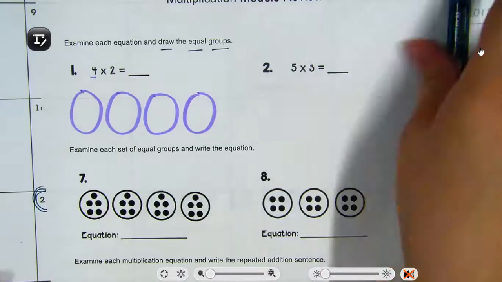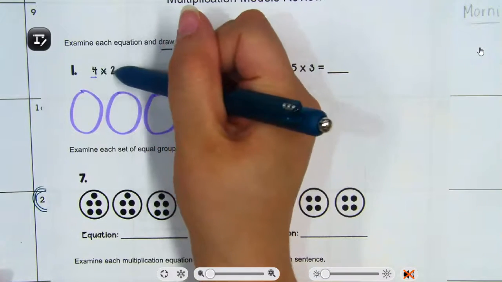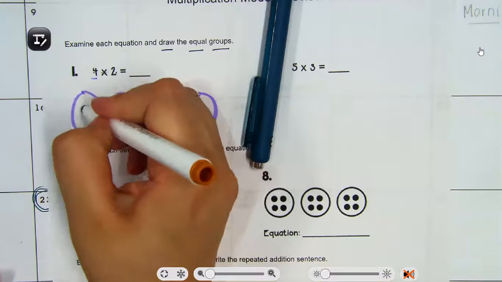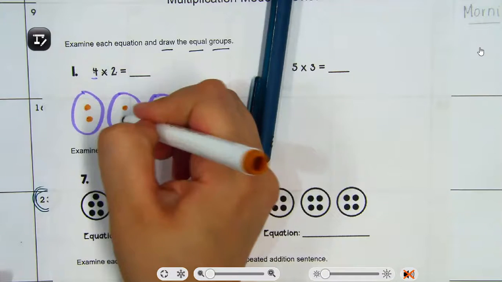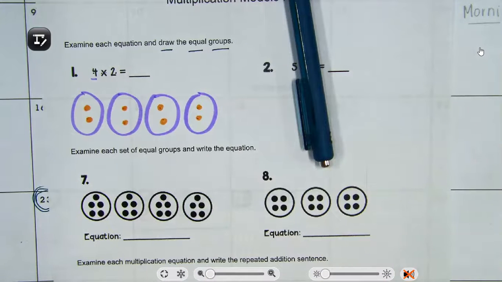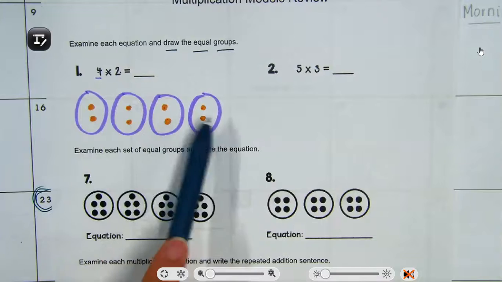And then remember that means groups of, so I have 4 groups of 2. So that means there are going to be 2 in each group. So 1, 2, 1, 2, 1, 2, 1, 2. And I can actually skip count by 2s. 2, 4, 6, 8.